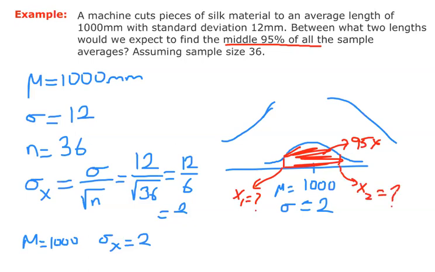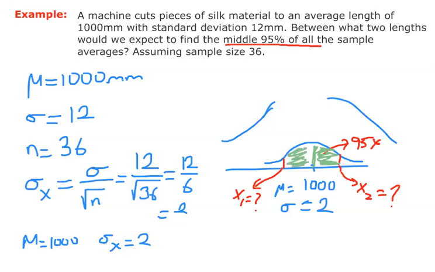In order to find that, it is asking me to find the middle 95%. What we have on the Z table is only the area from the mean up until this point. And we know that this is symmetric, right?